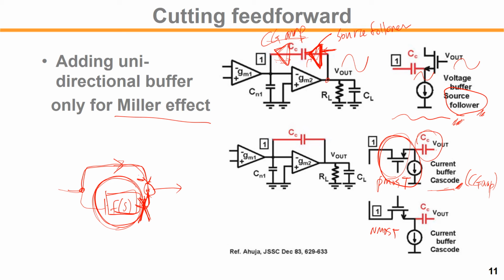The problem is that adding this kind of unidirectional buffer causes additional power consumption, especially method 1, additional power or current. But for method 2, using current, so let's say method 1 is the source follower.